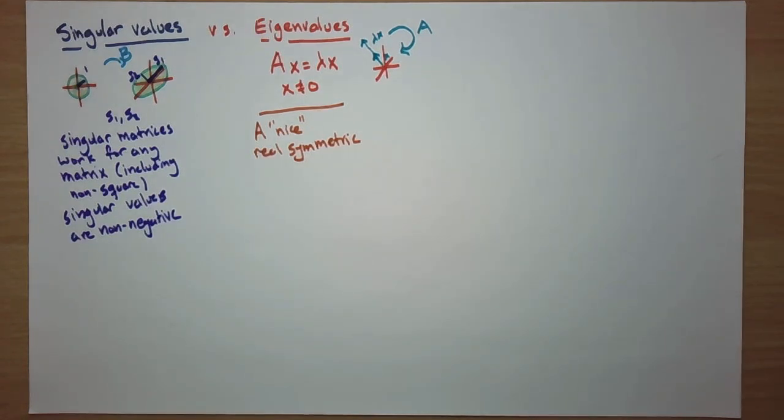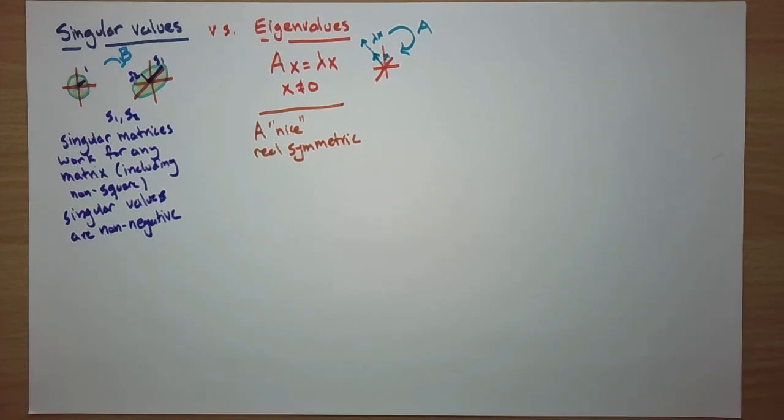The eigenvalues are the square roots of the singular values? It might be the other way. Well, it's not quite that. It's the absolute value. I don't think you need the square root. You just need the absolute values.